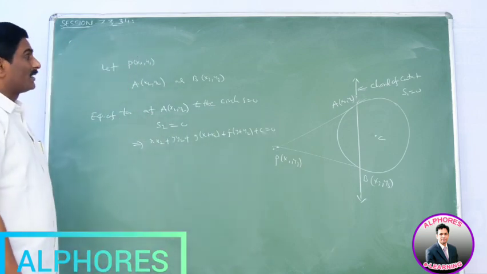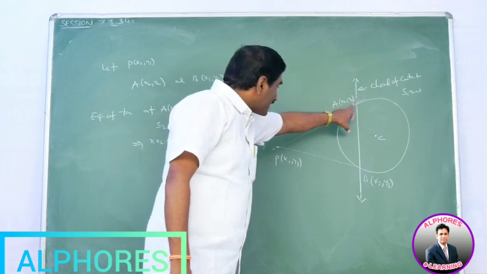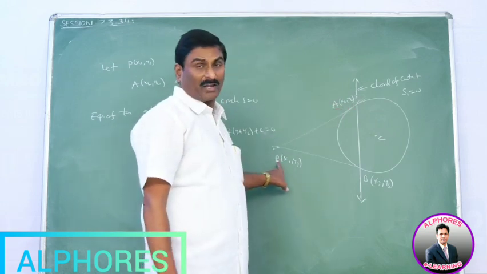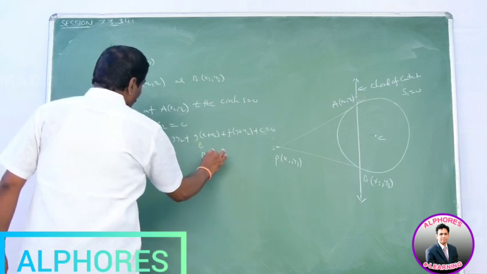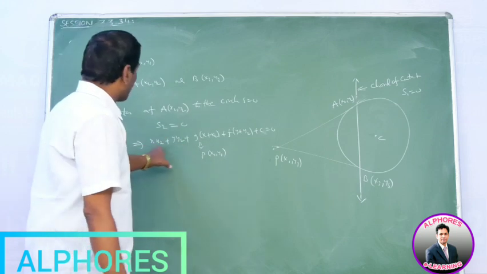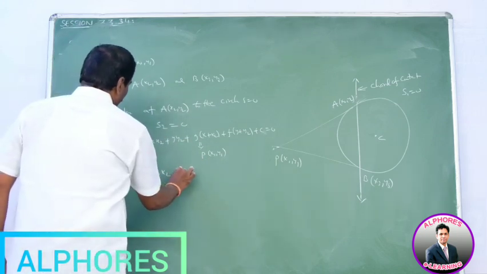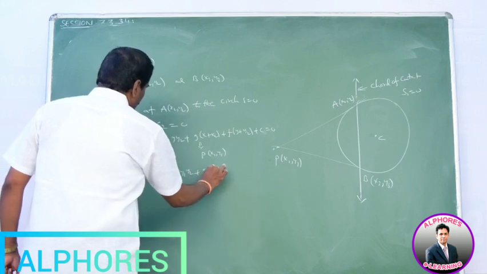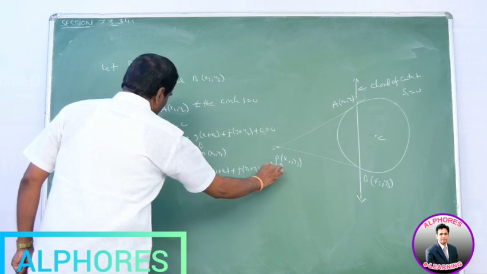This is the equation of the line AP. But this tangent AP must pass through P(x1, y1). So substitute this point in this line equation: x, y can be replaced by x1, y1. That means x1 x2 plus y1 y2 plus g of (x1 plus x2) plus f of (y1 plus y2) plus c is equal to 0.